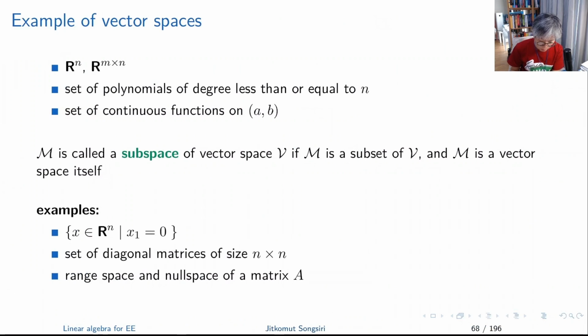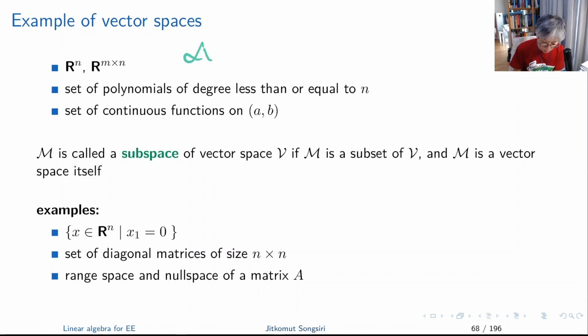What we have seen from the elementary linear algebra class is that the common sets that we see a lot in application, for example, Euclidean space, a set of matrices of size m by n. All these things are vector spaces because if you make a sum of two Euclidean vectors, you still get a Euclidean vector.